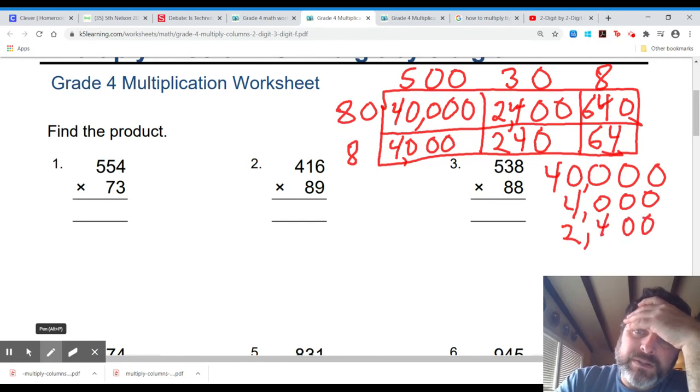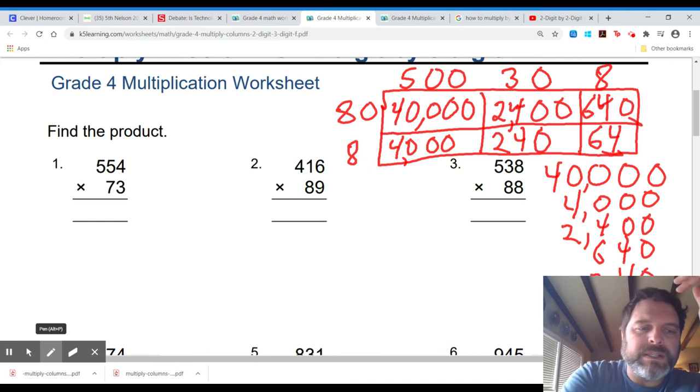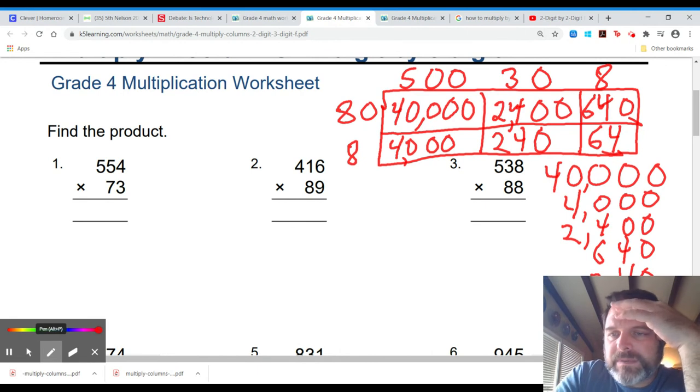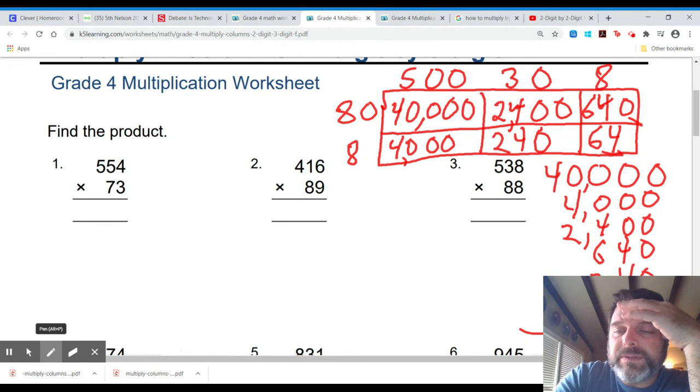And I got 640. I'm going to do the biggest. I like going from big to small myself. And then I got 240. And the last thing I got is 64. All right. Now I have to add up all those. So it's a big stack.